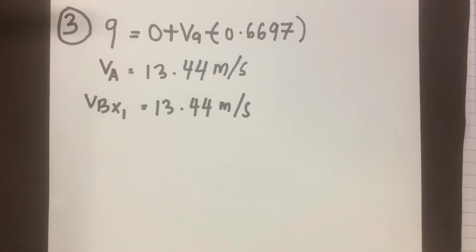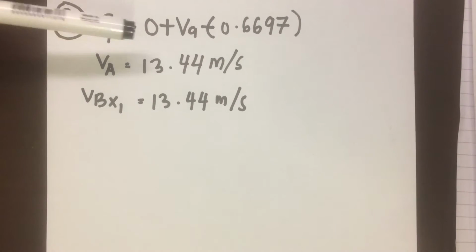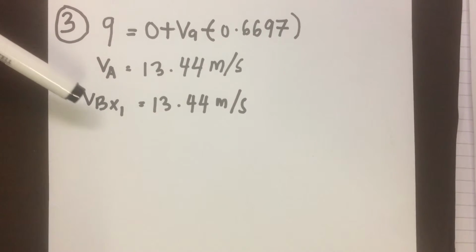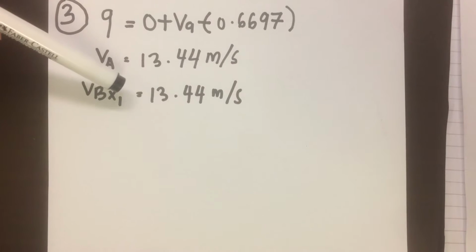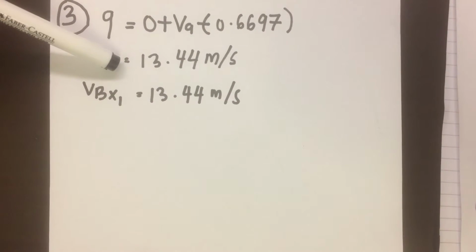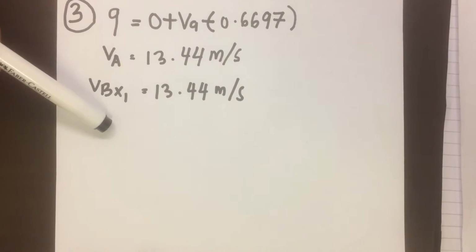From the initial velocity, we can get the VB in the x condition, which is the same as VA because it is perpendicular to the line of impact.